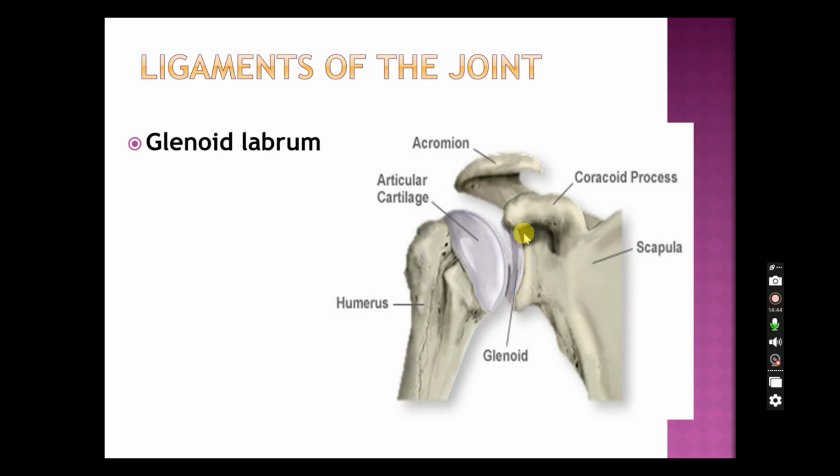As I told you earlier, the glenoid cavity is deepened by a rim of fibrocartilage called the glenoid labrum, which is triangular in cross section. Sometimes this glenoid labrum may be deficient or not very prominent in the anterior aspect. So what happens?